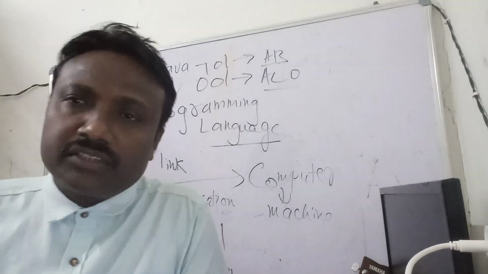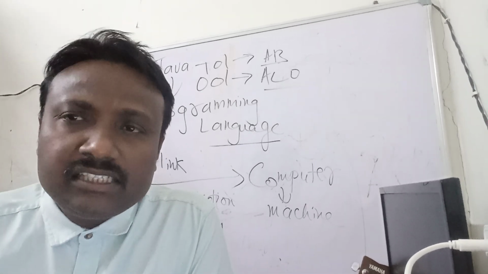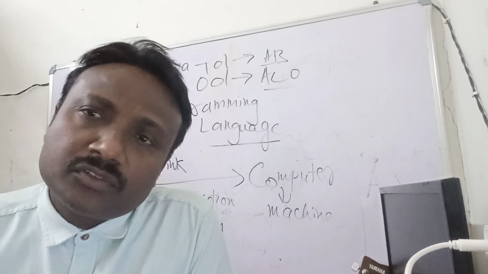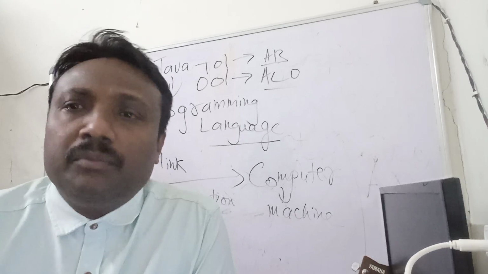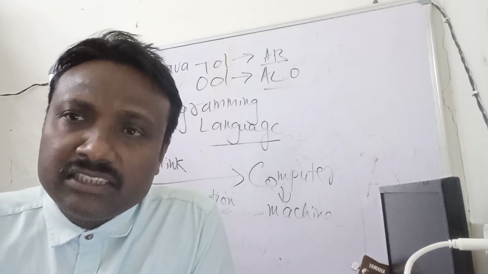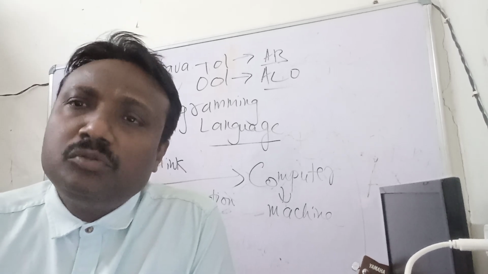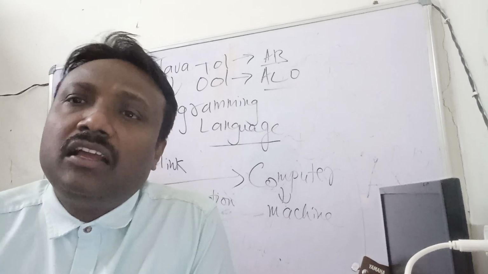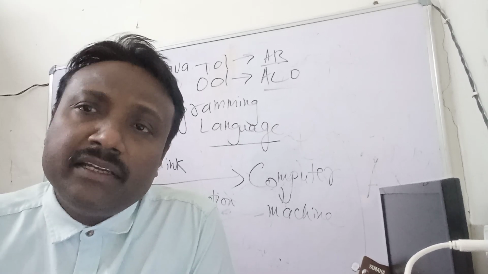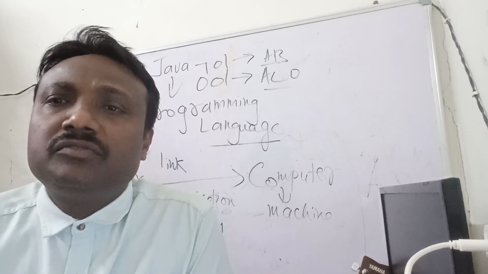With these symbolic instructions, it became a little easier for scientists, developers and software engineers to write instructions, because writing two pages of patterns of 0 and 1 digits was a very tedious task. When you have symbolic instructions representing a group of binary digit patterns, it becomes very easy for anyone to write instructions for the machine.